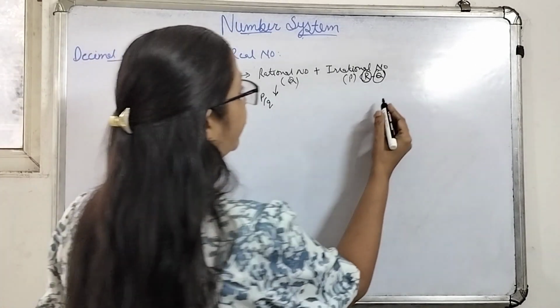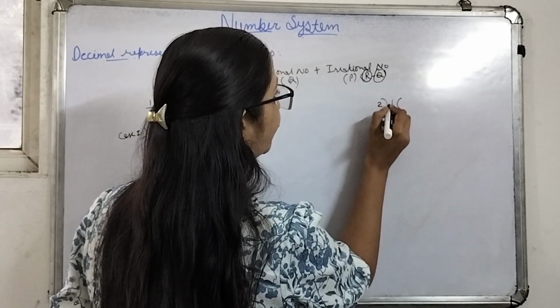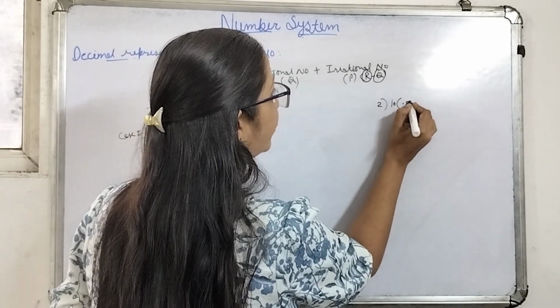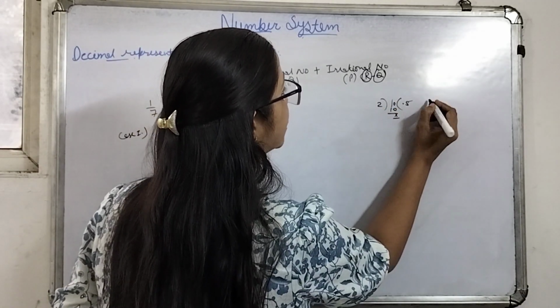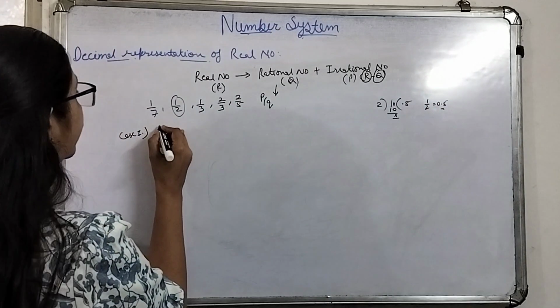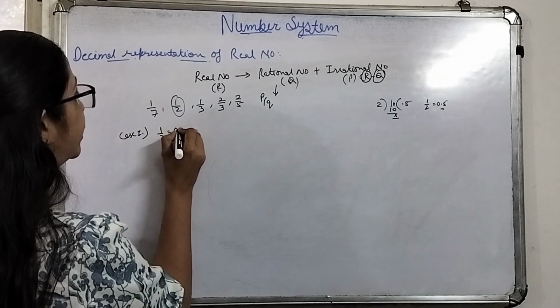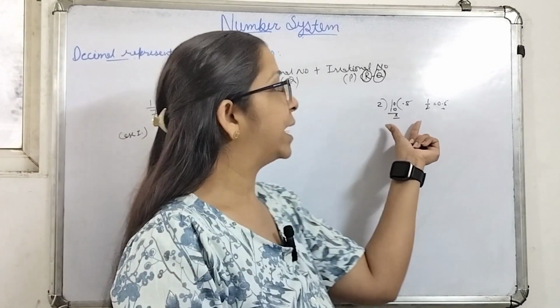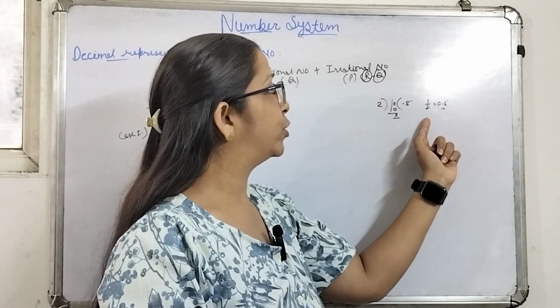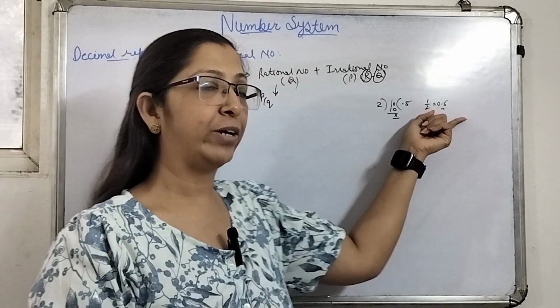If I divide 1 by 2, the decimal will come initially, 0 will be here, 2 5s are 10. That means 1 upon 2 can be written as 0.5. What is the case over here? After one step, your remainder has come to 0, it has terminated, and 1 upon 2 can be represented as 0.5.